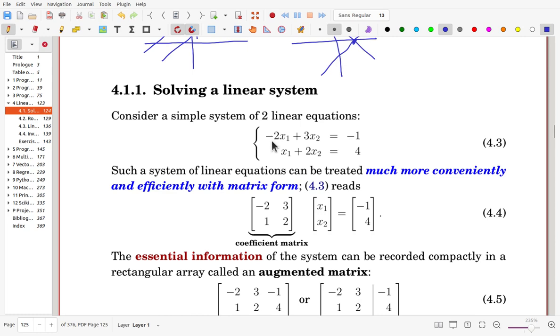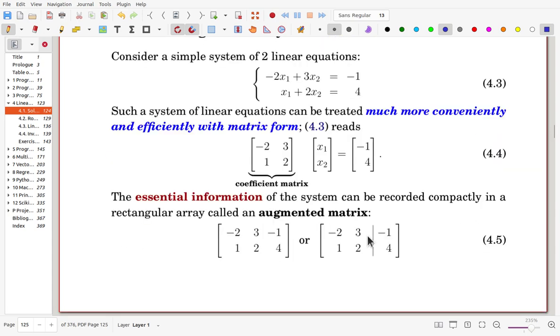So we collect the coefficients, minus 2, 3, 1, and 2, so that it becomes the coefficient matrix for the system. And then x1, x2 are the variables, and that is the right-hand side. So that is a matrix form, a matrix equation.